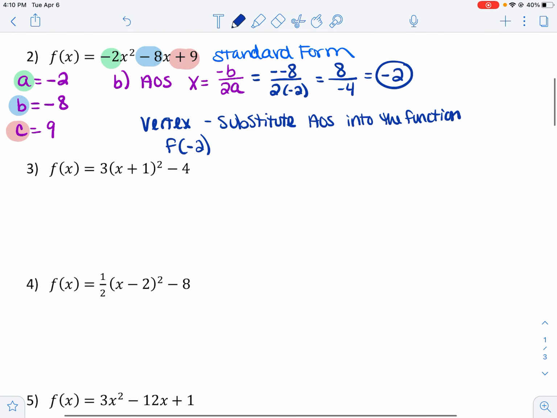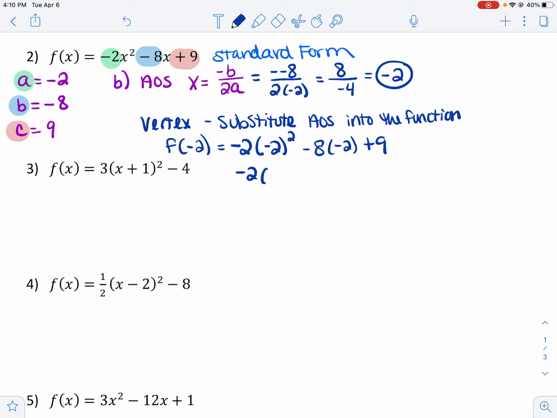I would have negative 2 times negative 2 squared minus 8 times negative 2 plus 9. So negative 2 times 4 plus 16 plus 9, negative 8 plus 16 plus 9 would be 8 plus 9, or 17.